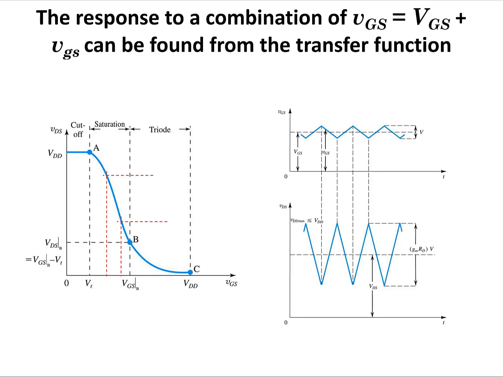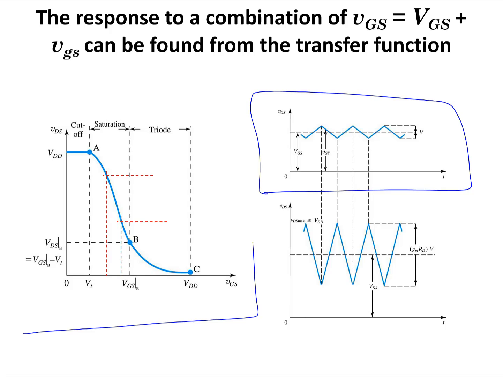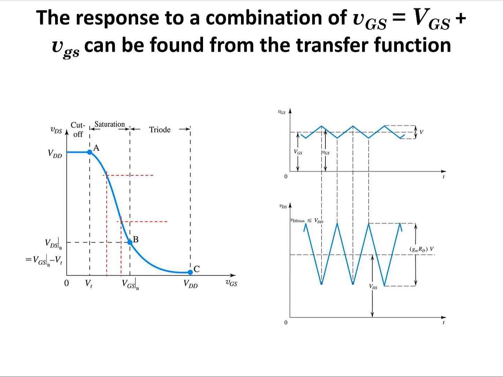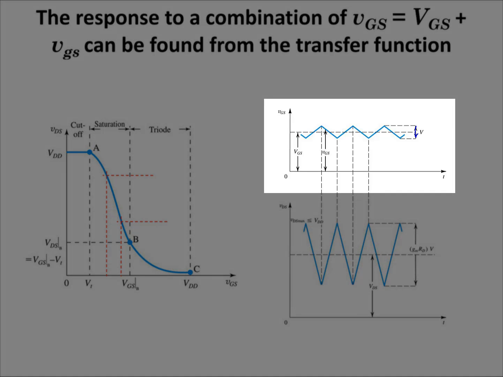We would like to use the transfer function to find the response of this circuit to the example input signal. This is what we had before, this input waveform, and this is our transfer function. We would like to use the transfer function to find the output. In the transfer function, the x-axis represents V_GS and the y-axis represents V_DS. The amplitude of V_GS changes in this range.